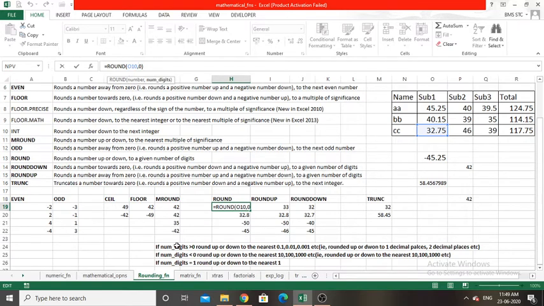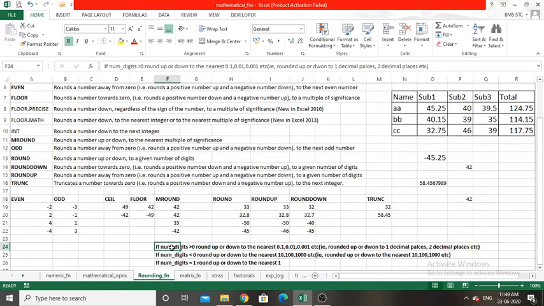If num_digits is greater than 0, it will round up or down to the nearest 0.1, 0.01, 0.001, etc. That is, rounded to 1 decimal place, 2 decimal places, etc.